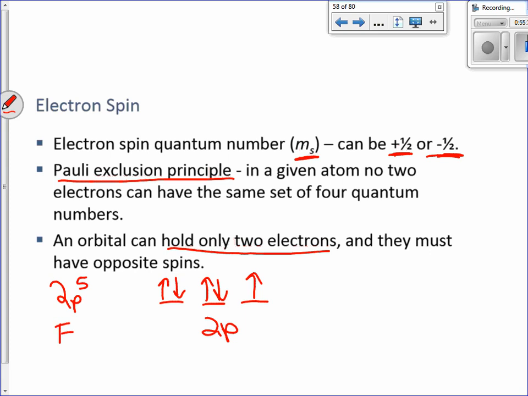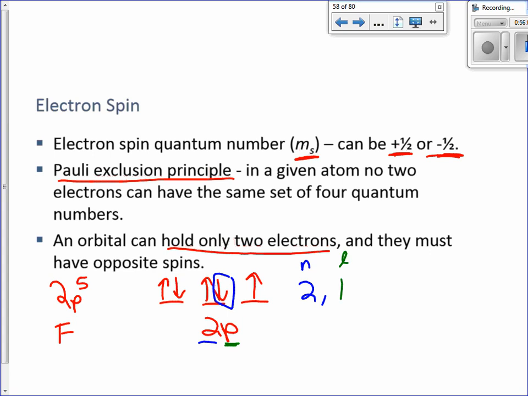Okay? So, but if I wanted to address the quantum numbers, say on this guy right here, what are the 4 quantum numbers for that particular electron? 2 is my N number, right? Because I'm in energy level 2. P is my sublevel. So what number do I assign my L number to be? 1.